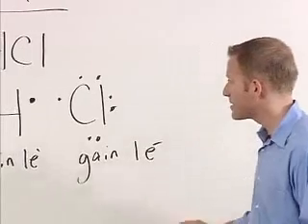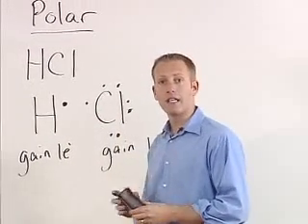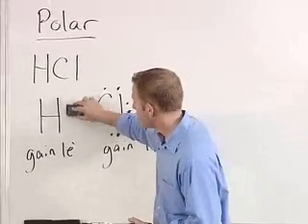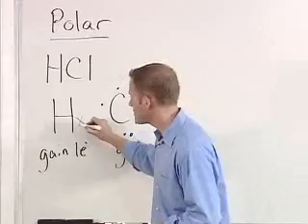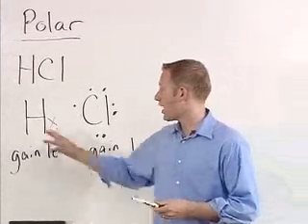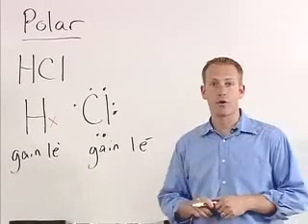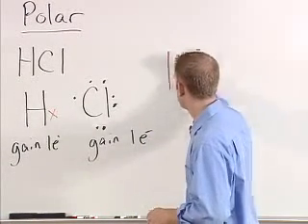So what I'm going to do right now is, instead of putting the dot, I'm actually going to change it to an X. Why would I change it to an X? Well, I want to differentiate between the Lewis dot structure for hydrogen and the Lewis dot structure for chlorine, because the bond is going to look like this when they share.